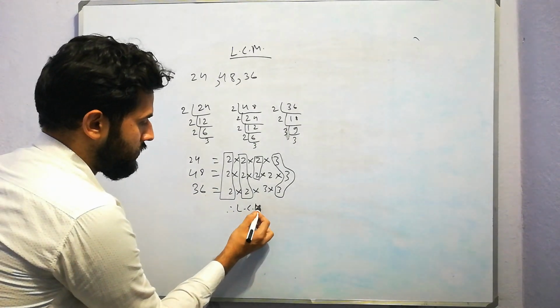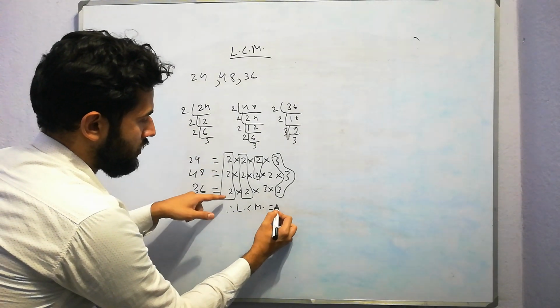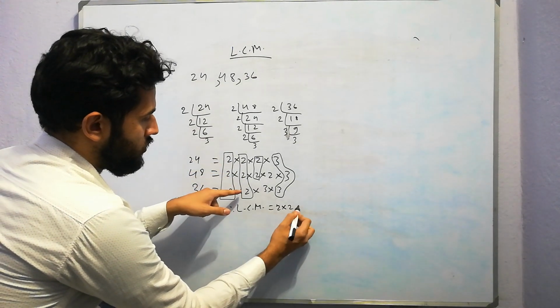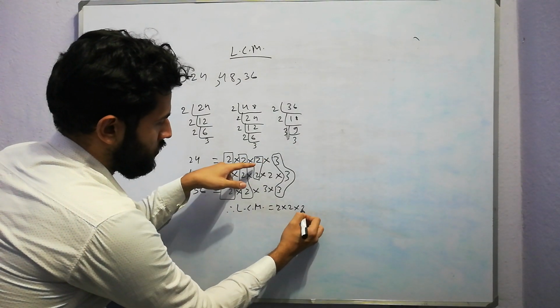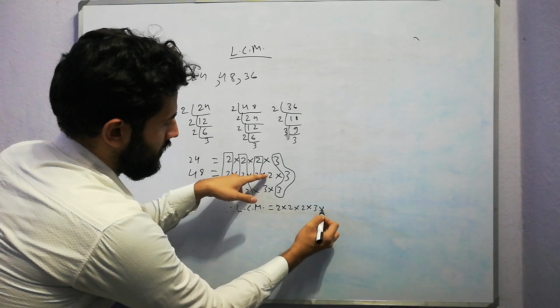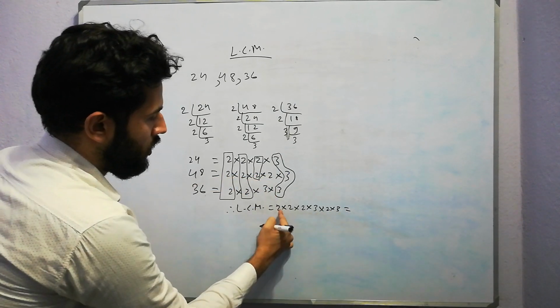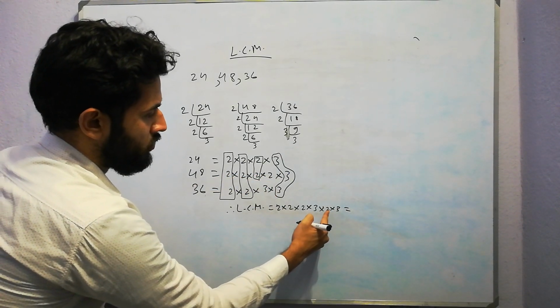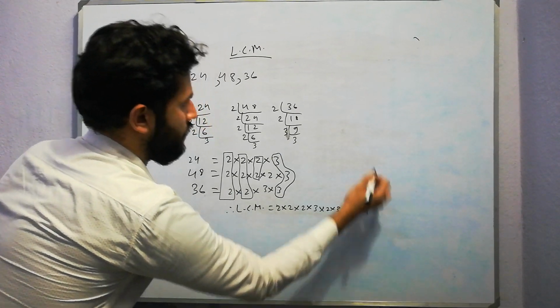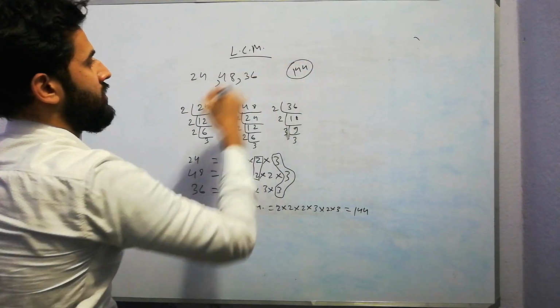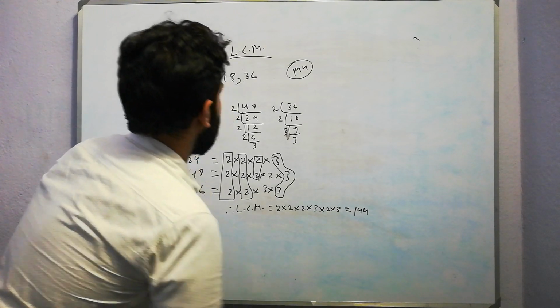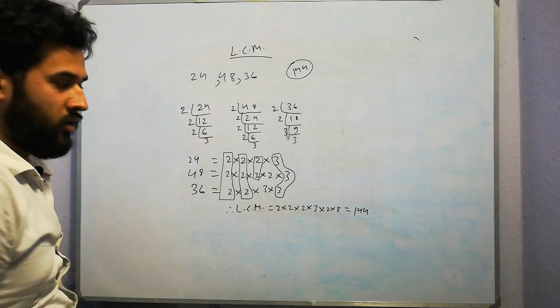Therefore the LCM becomes 2, 2, 2, 2, and 3, and the remaining ones we take also. 2 2s are 4, 4 2s are 8, 8 3s are 24, 24 2s are 48, 48 3s are 144. So 144 is the answer for this method. It is the prime factorization method.